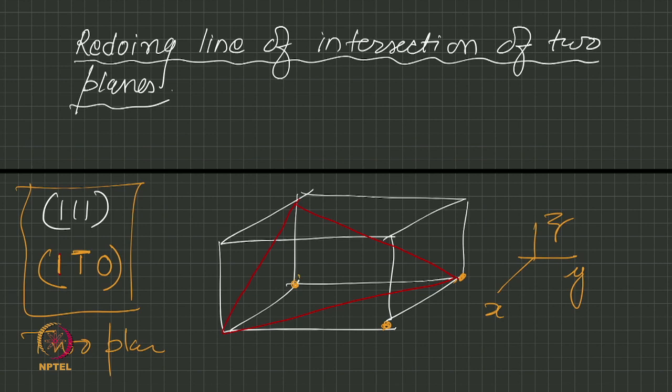If I choose the origin here, one along x, one along y and one along z, I get the red plane 1 1 1. If I choose the origin here, 1 along x is this, minus 1 along y is that, and 0 means parallel to the z axis. So, my plane is like this now.